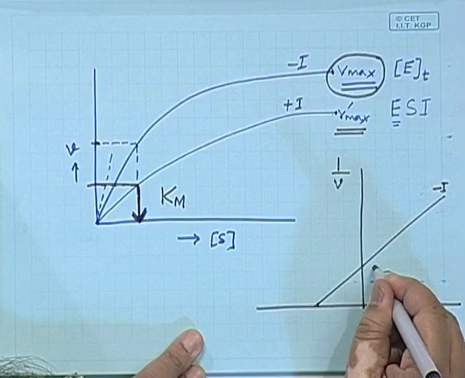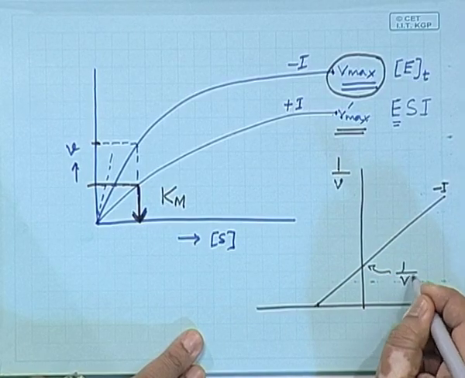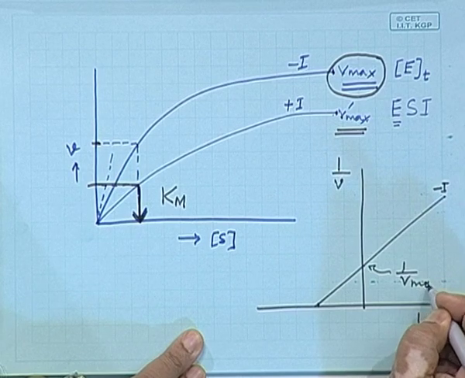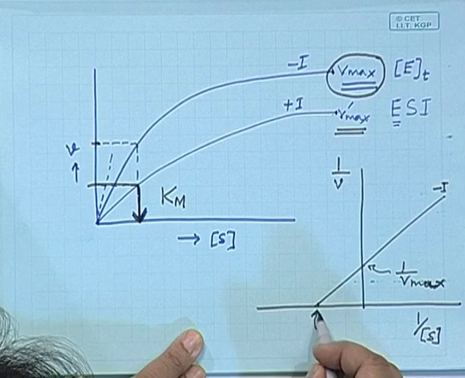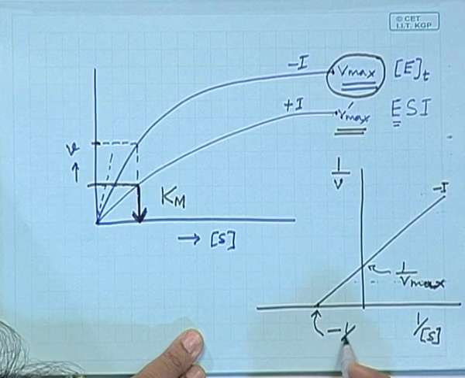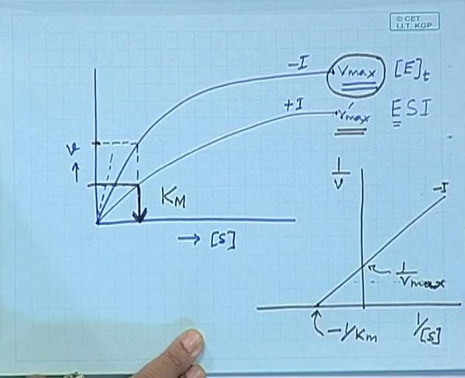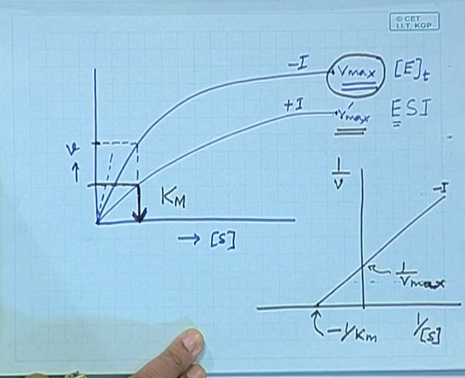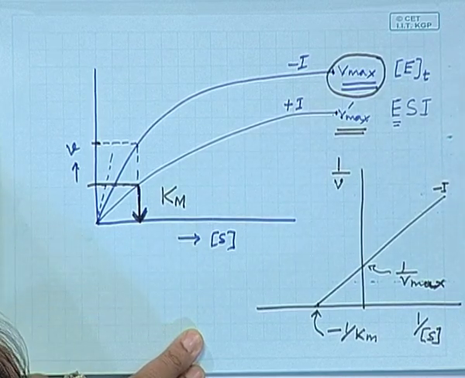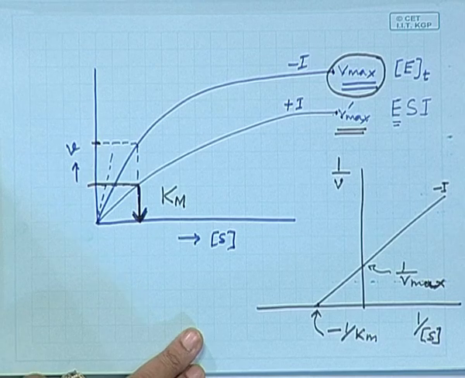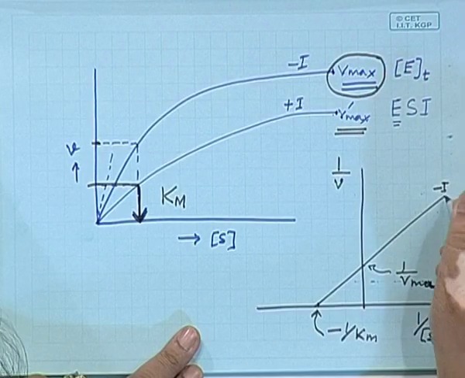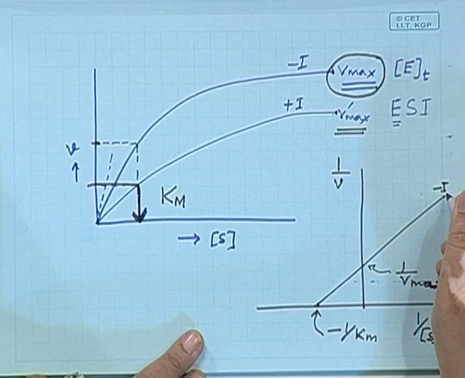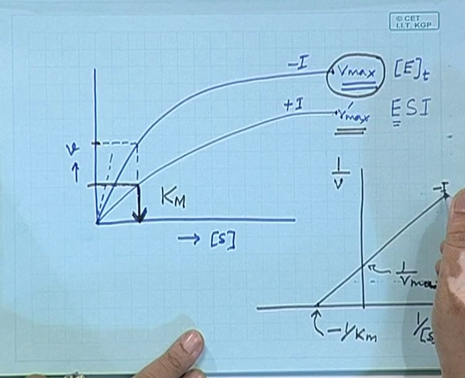What is again my intercept here? 1 by Vmax. What is my intercept here? Minus 1 by Km. My initial velocity is going to increase always. Why? Because I have an inhibitor now. So, my line is always going to be above the uninhibited enzyme, right.